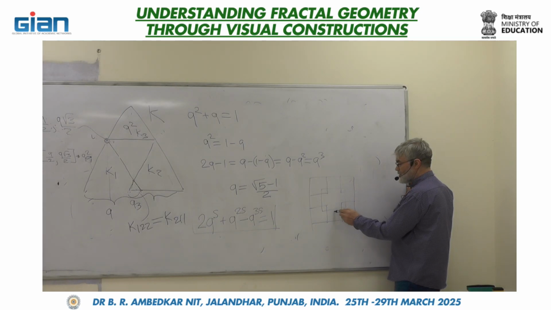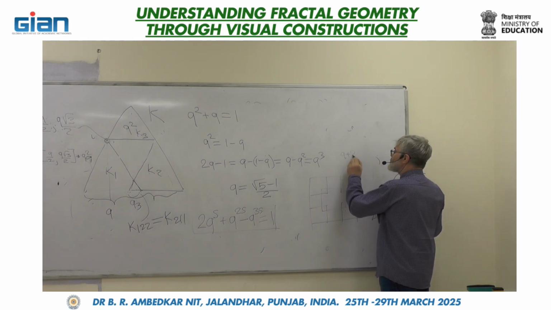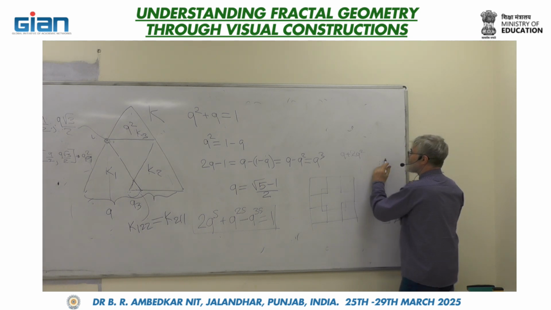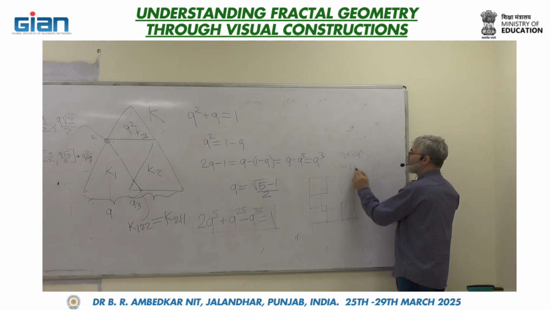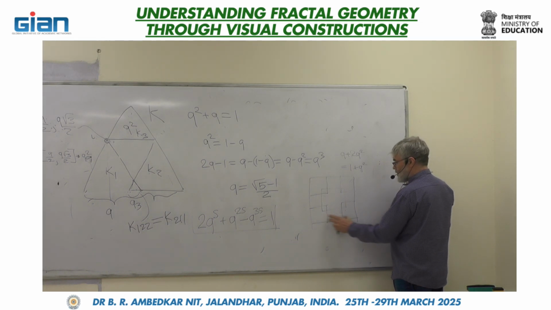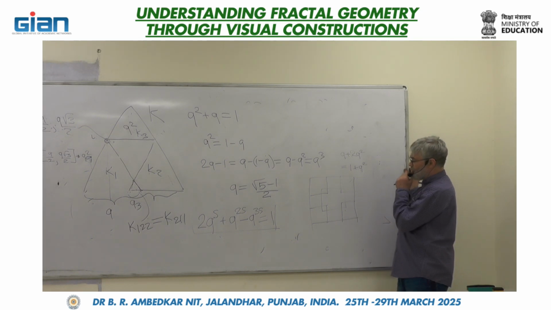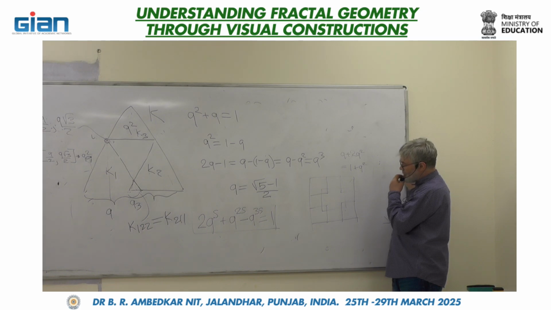So if it is q squared, it will be good. q plus 2q squared, q squared is equal to 1 plus q squared. q plus 2q squared is 1 plus 2q squared. No, I don't remember. We need to find some other number.